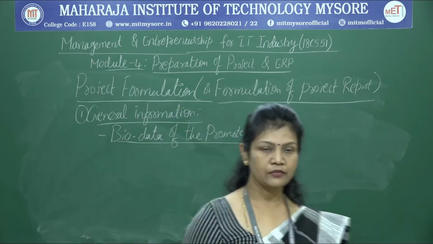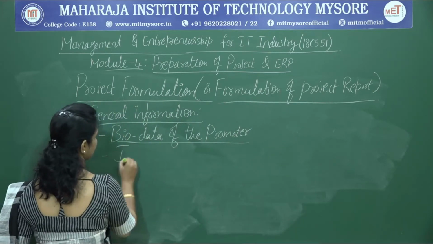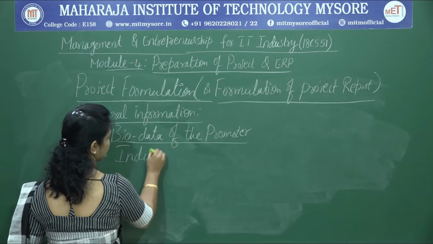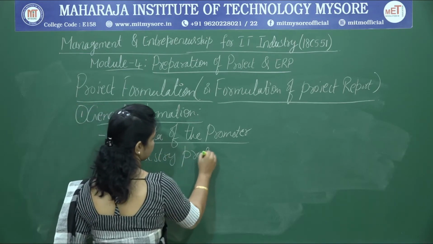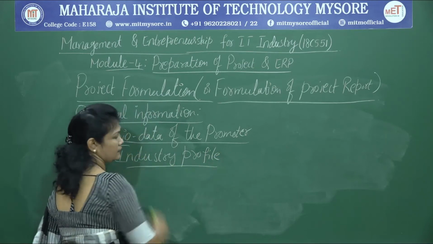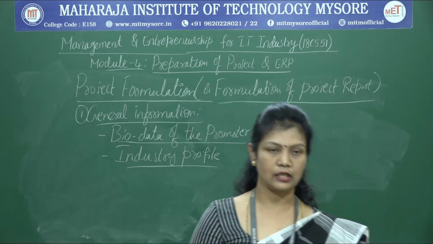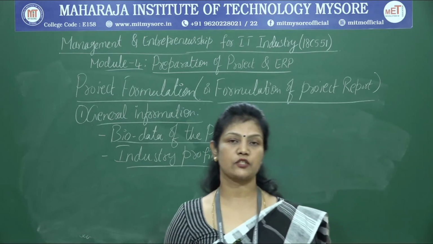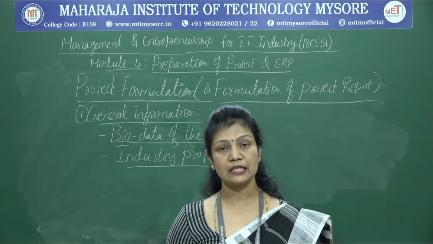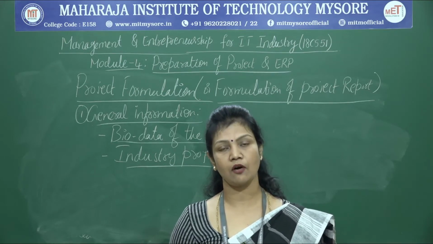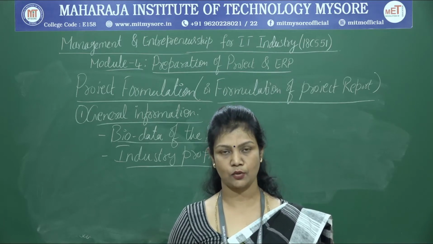After that they have to also provide the information related to the industry. Here they have to give the details about the analysis of the industry to which the project belongs, whether it is a steel production company or a textile production company and so on.